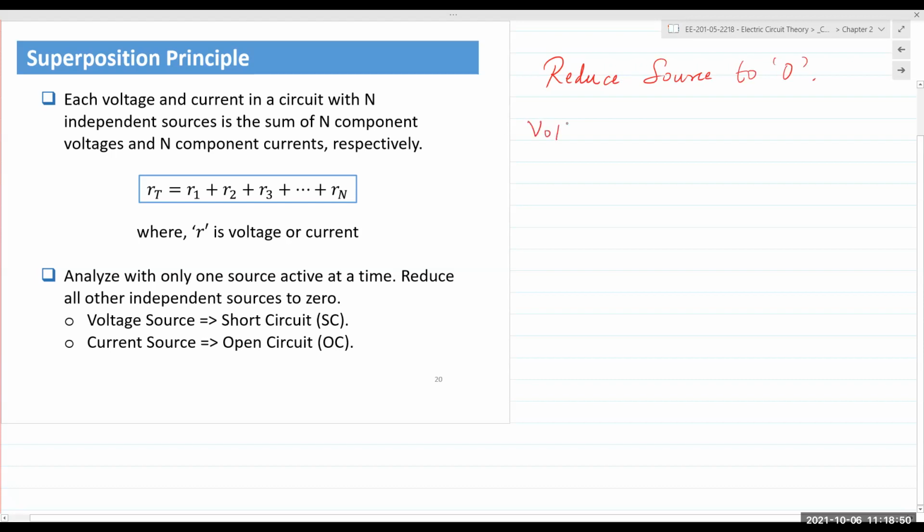Let's look at the voltage source first. Let's say you have a voltage source, call it Vs, connected between terminals A and B of the circuit. If you remove Vs from the circuit, how can we obtain 0 volts between A and B?